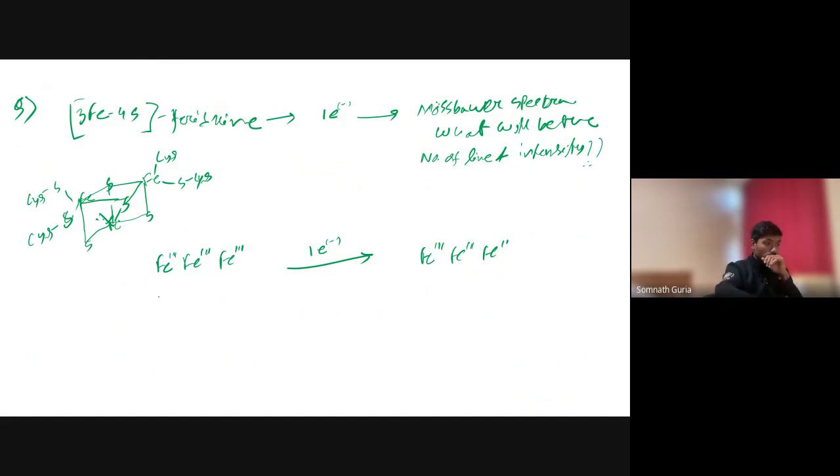Now this is iron 3. We expect the iron 3 electron distribution, and this is a tetrahedral kind of structure, so we have T2G and EG levels over here, with 5 electrons.